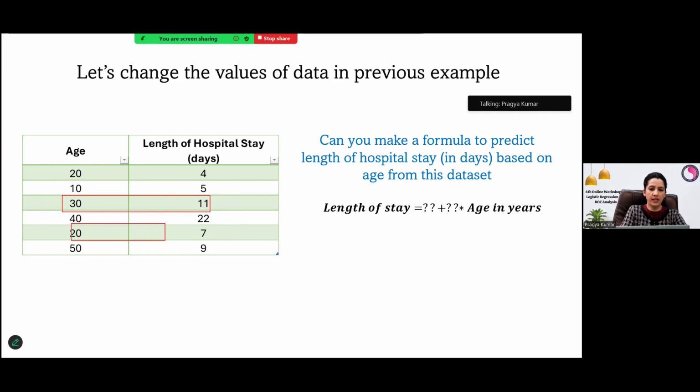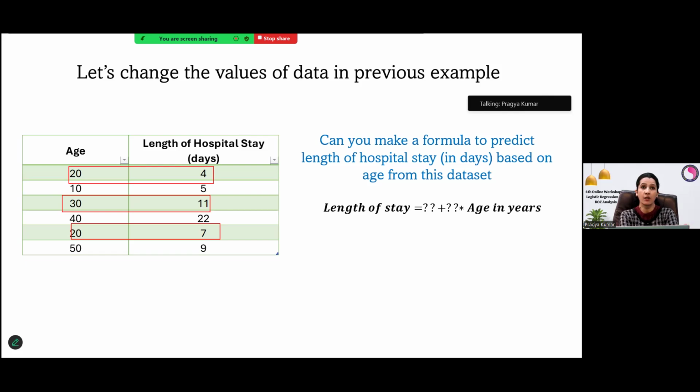So at one place it is 4 and at another place it is 7. So there is a mismatch. In the earlier example it was the same for all 20-year-old individuals, but here one person of 20 years has a length of hospital stay of 4, another person of the same age has a length of hospital stay of 7.